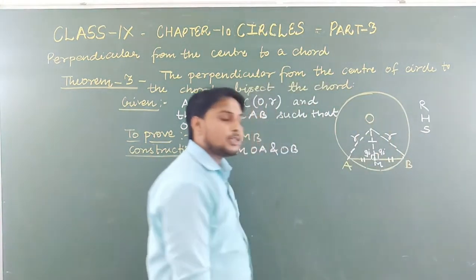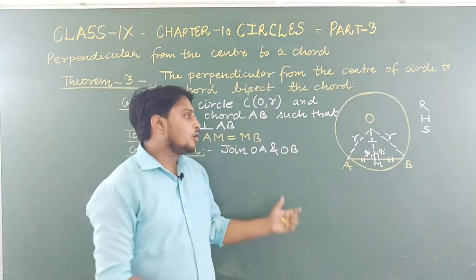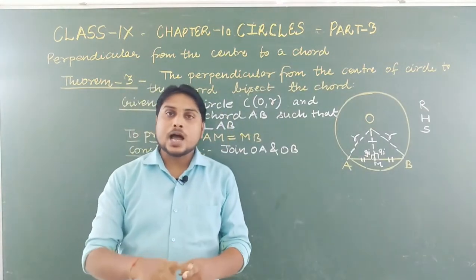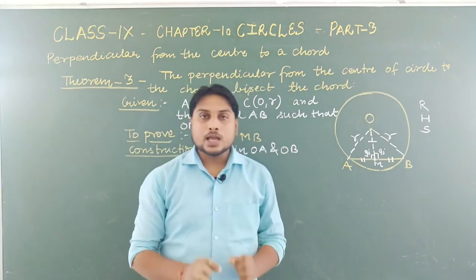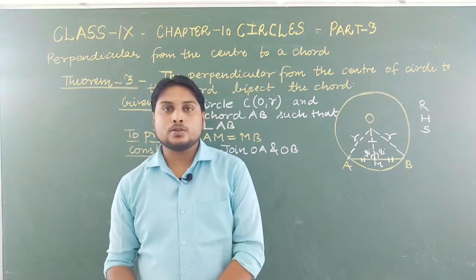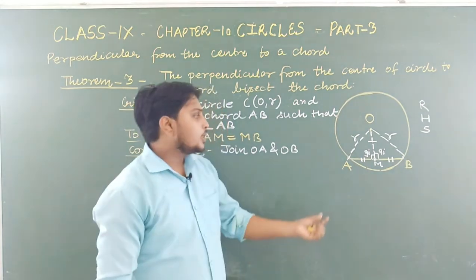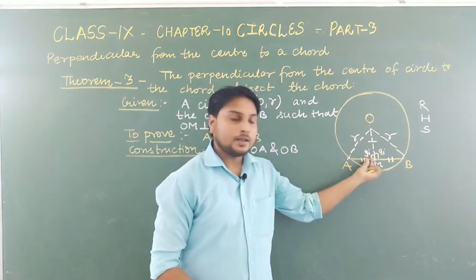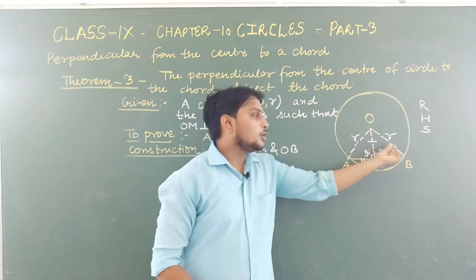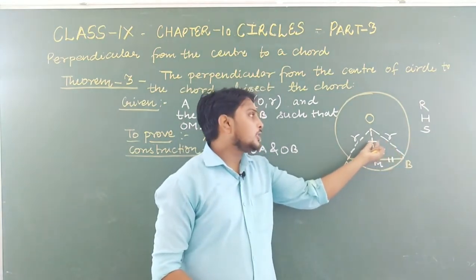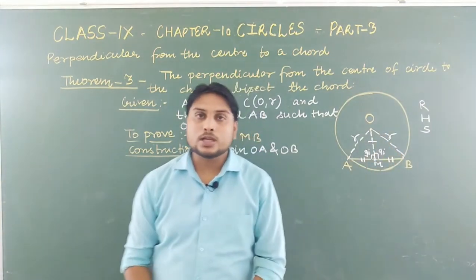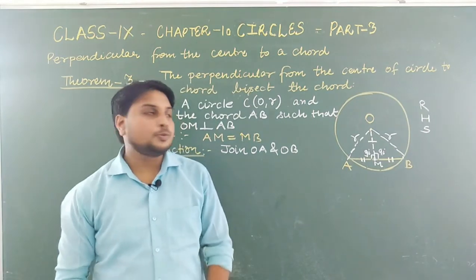So we are having S also. So students, from here you can say that RHS, means right angle hypotenuse side criteria, will be used. Right angle means 90 degree that we are having, hypotenuse we are having as equal, and one side is common. So we will use the criteria RHS to prove this theorem.